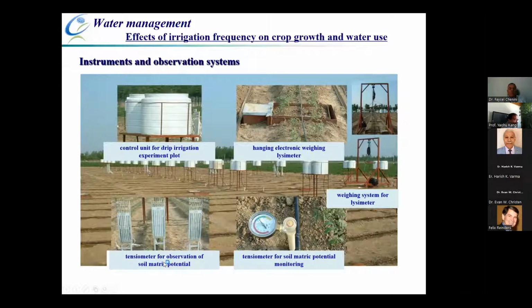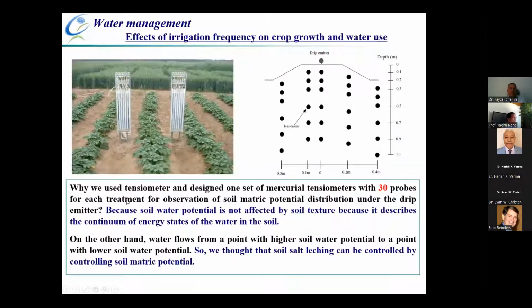And we also set up a tensiometer, one set for each treatment. So why do we use the tensiometer? We designed one set of mercury tensiometers with 30 probes for each treatment, because we want to observe the soil matrix potential distribution at the drip irrigation emitter.